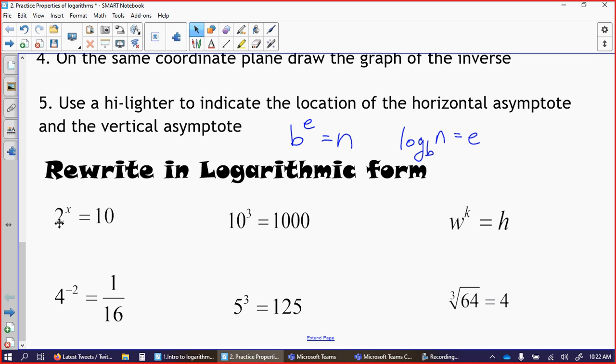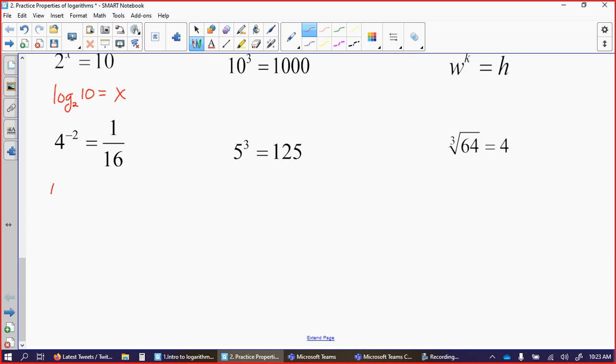So if I want to write this as a log, the base is 2, the number is 10, the exponent here is x. Log base 4 of 1/16 equals -2.